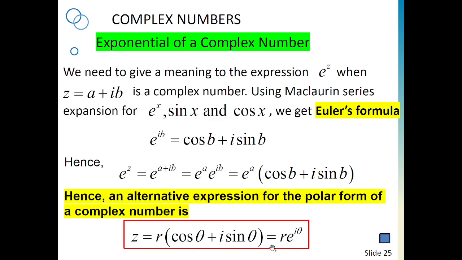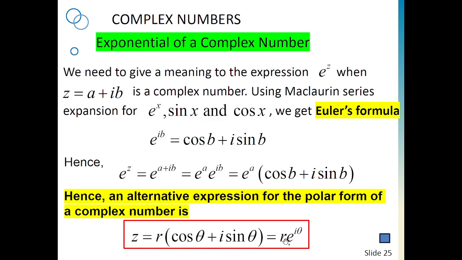So essentially, we can write our complex number in polar form, and then it can be written using Euler's formula. The angle is the same as what we have here. If we have theta instead of b, we have cosine theta plus i sine theta, and r is multiplying here, copy paste.